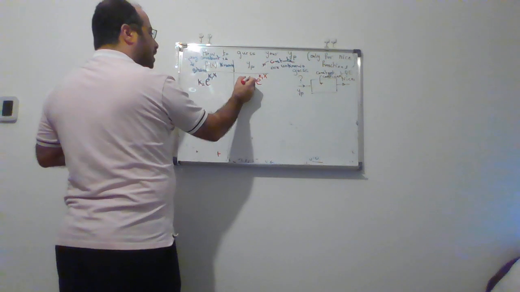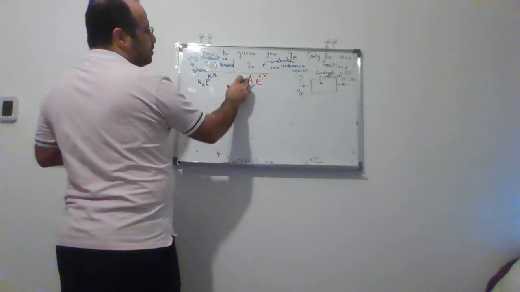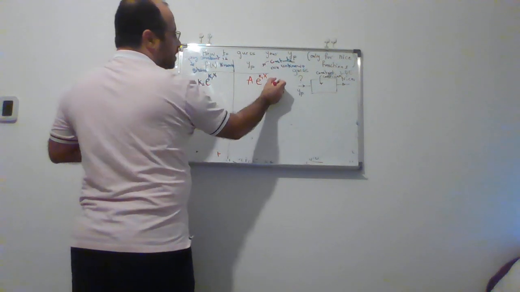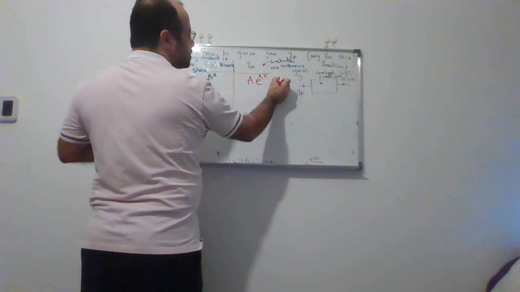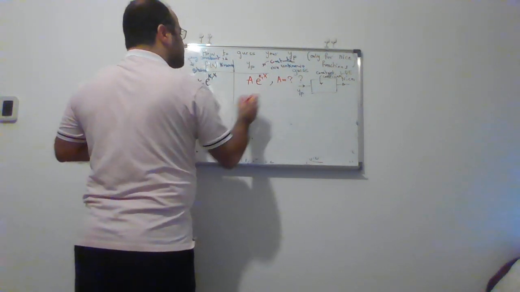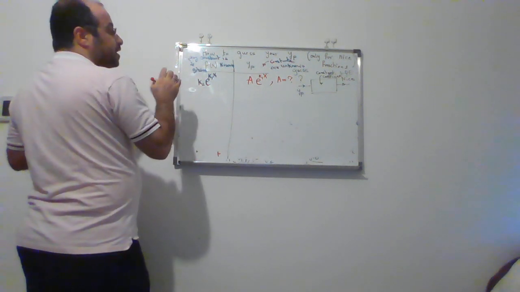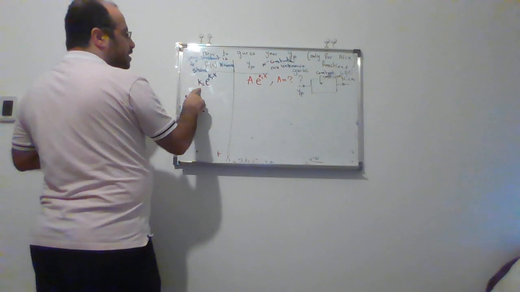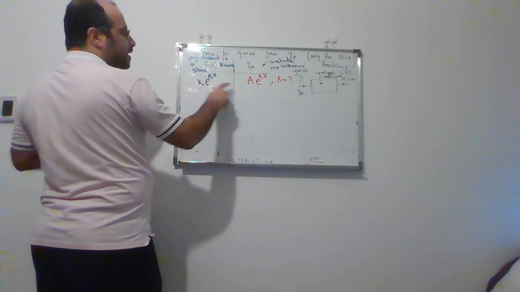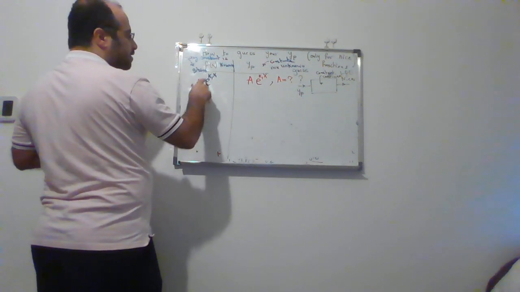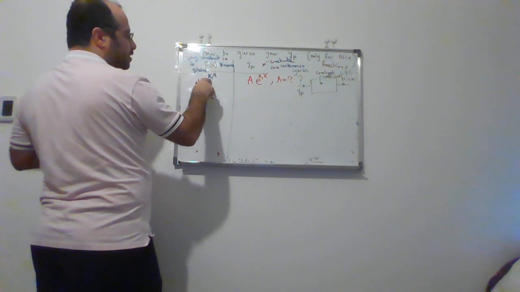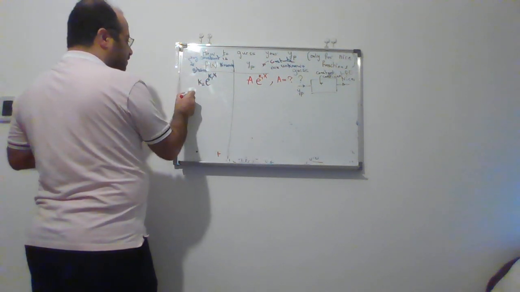But here, I'm going to have a. And you need to find a. So the next job will be what is a, right? The only trouble here is if there is a match between y particular and y homogeneous. What if k1 here is a root?